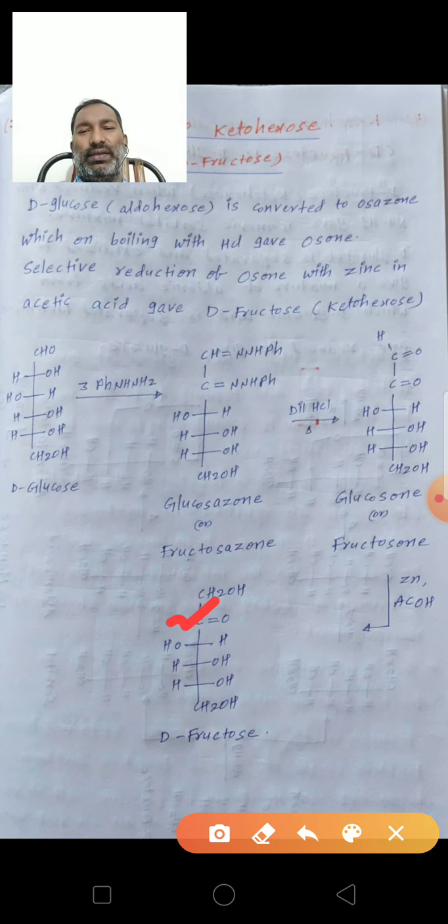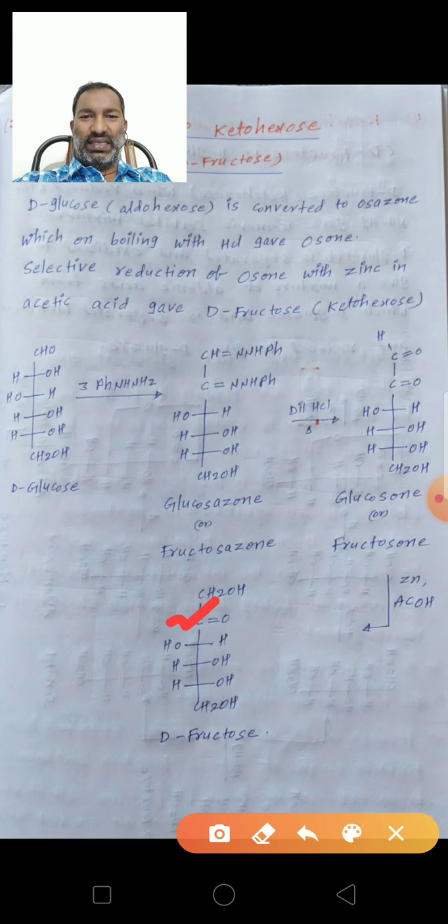We know the D-glucose reacts with 3 moles of phenylhydrazine, it will form glucosazone. So in the conversion of D-glucosazone, D-glucose reacts with the first mole of phenylhydrazine, it will give a hydrazone.